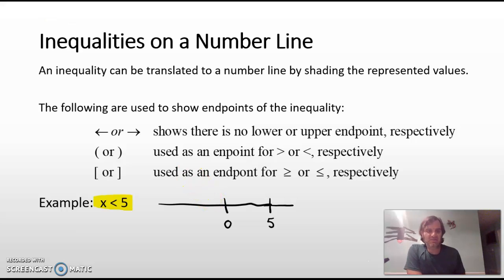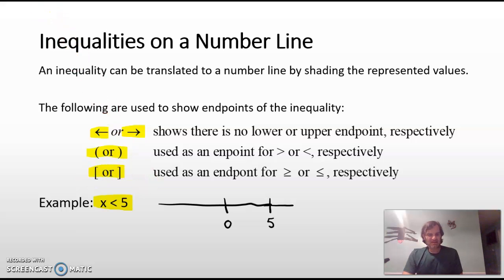Well, the kind of symbols I have to work with are, if I'm going to go all the way to the left or right, I have the arrows that would take me forever. If I have a soft stop, which is less than or greater than, I'll use parentheses to end it. And if I have a hard stop, which is greater than or equal to, less than or equal to, I'll use brackets.